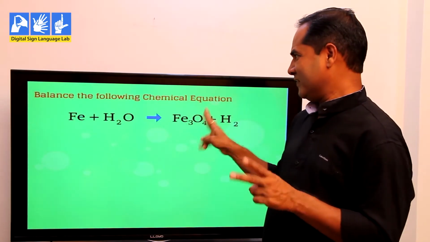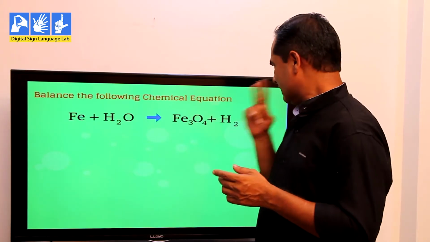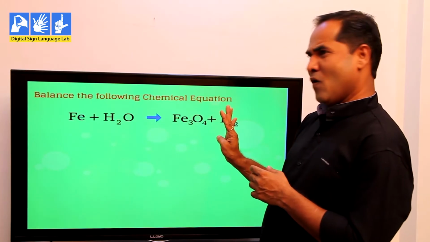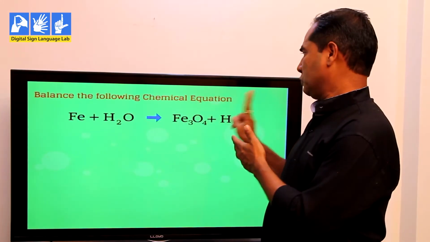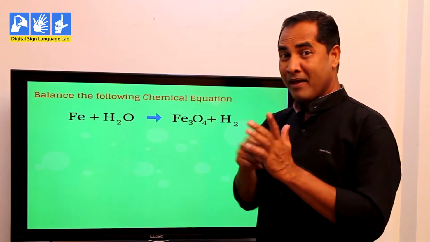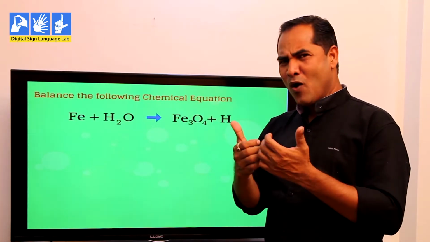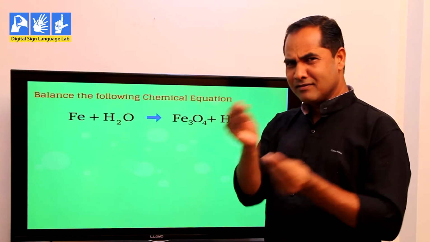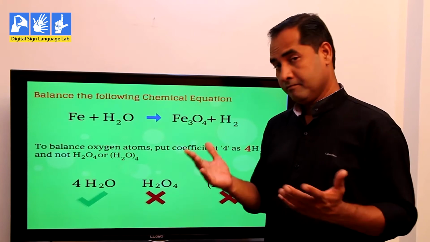Left hand side we have 1, on right hand side we have 3. H2O on left hand side, we have only 1 and on the right hand side we have 4. Hydrogen, I can see both are 2. But somehow this equation is not balanced. Now how can we balance this?